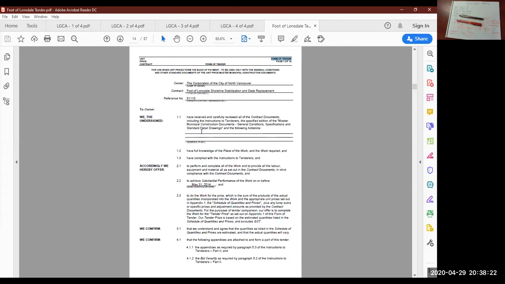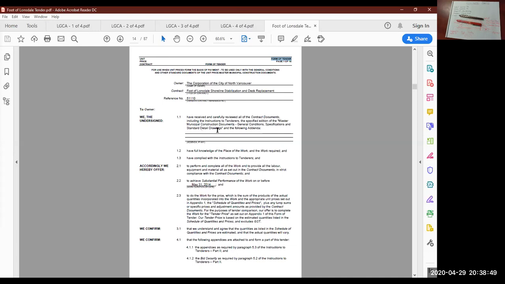If you don't know what an addendum is, it's a change to the tender documents. Maybe it's a new drawing, maybe an updated drawing, maybe a change to some of the specs, maybe new additional specs. Those all come out as addenda, numbered sequentially: the first one is number 1, number 2 is the second, and so on.